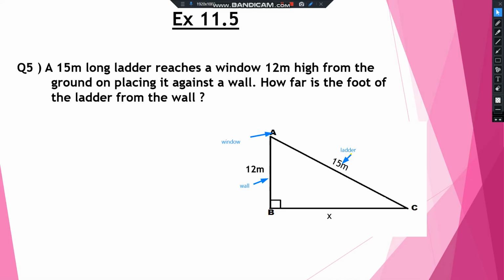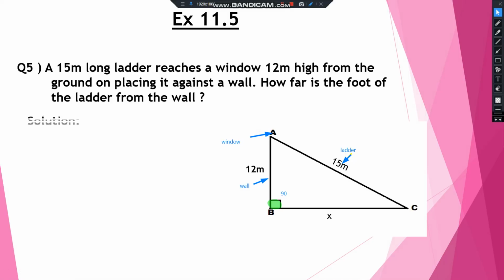Since it is forming a right triangle, because the wall is straight, you will have this angle a 90-degree angle, right? So this angle is 90-degree. So it's a right angle triangle formed here. So we can apply Pythagoras property in this triangle.